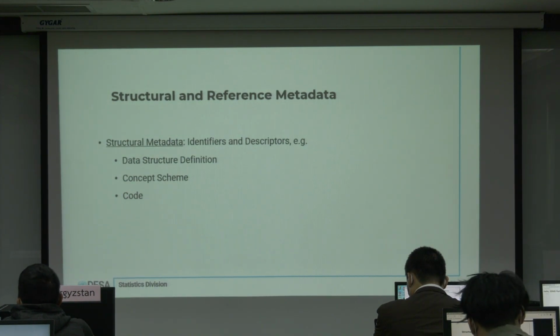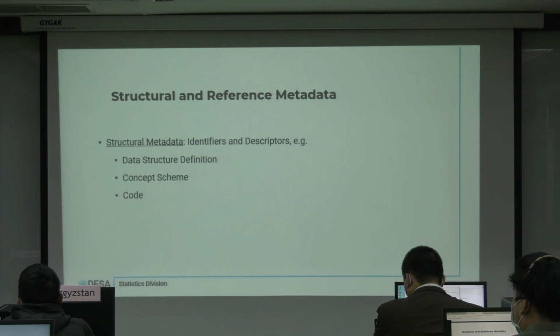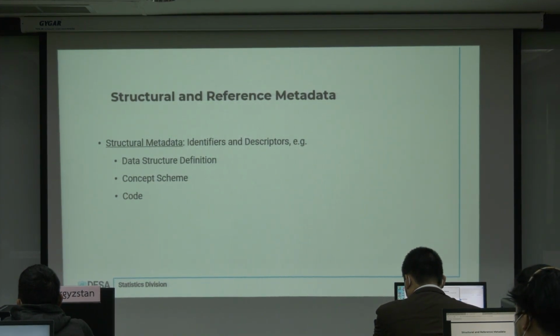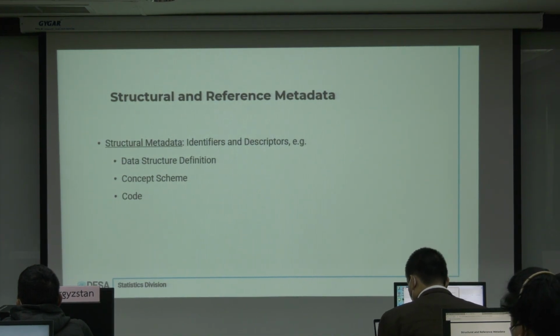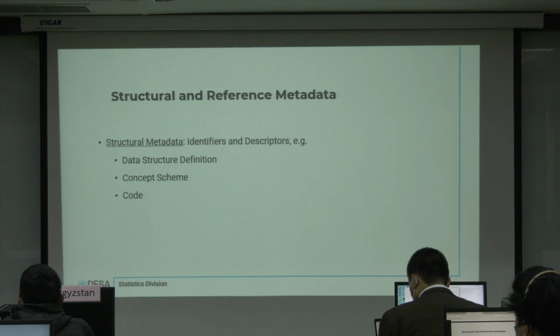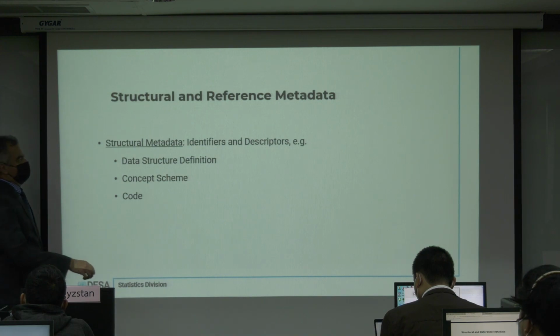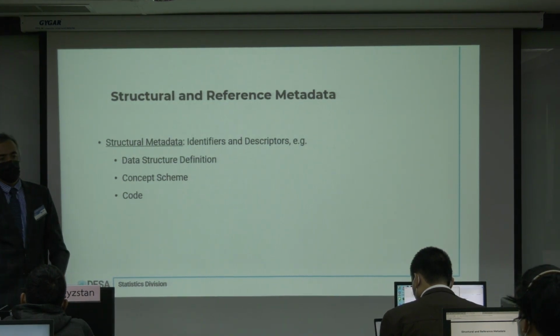Well, if your data has a code BKK, then you need something else to tell you that BKK is the Bangkok International Airport. And that is data about data. In this case, that is what we call structural metadata.